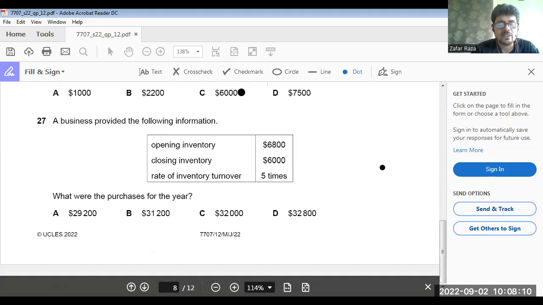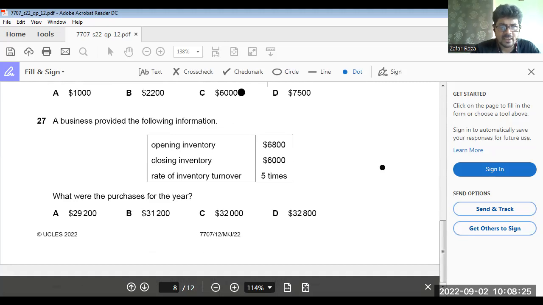Okay. Now 27. Business provides the following information: opening inventory, closing inventory, rate of inventory turnover. Calculate the purchases. So what we have to do?